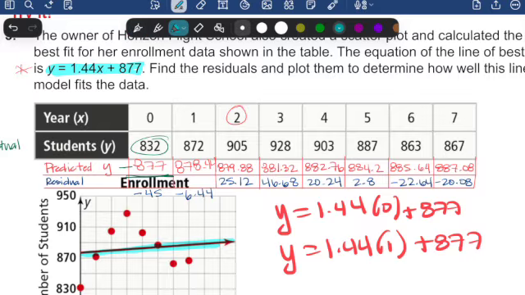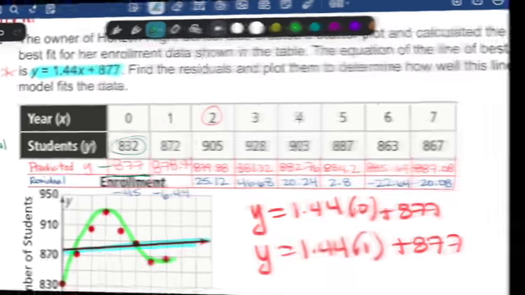And you can kind of see it here in this original scatter plot. We do seem to form a pattern that does not look linear. So this linear equation, 1.44x plus 877, is not a good fit for this data set. It does not appear to be linear.